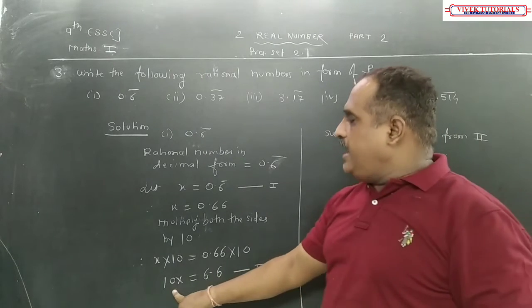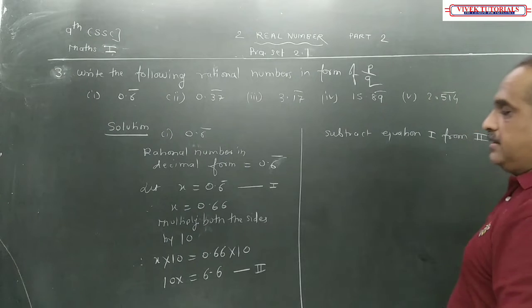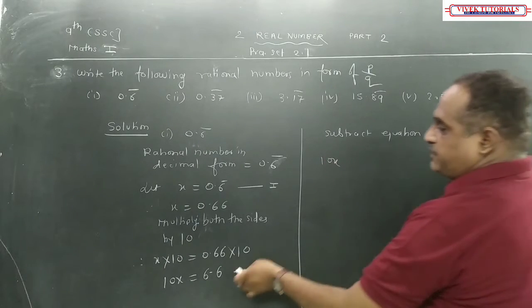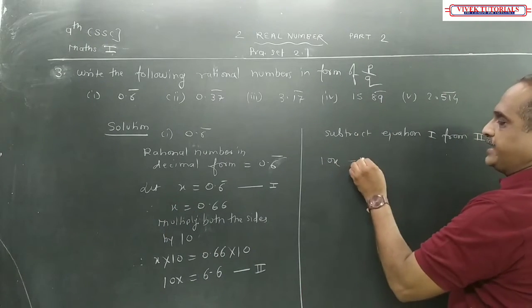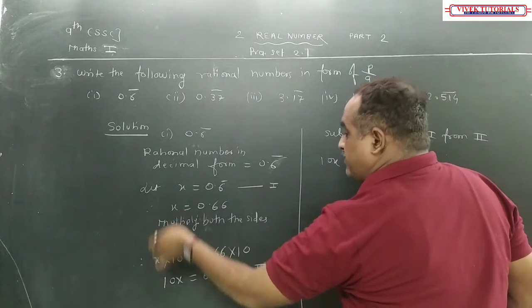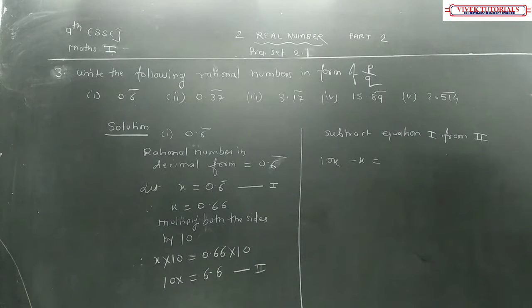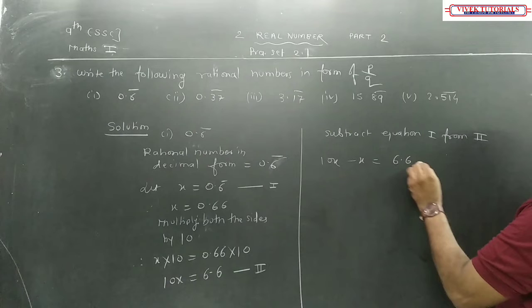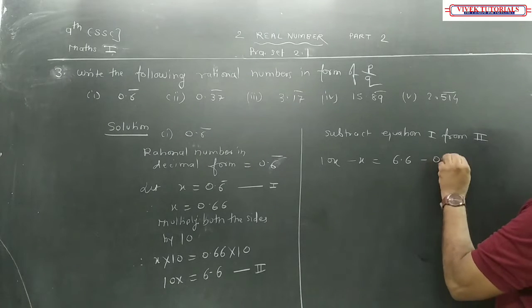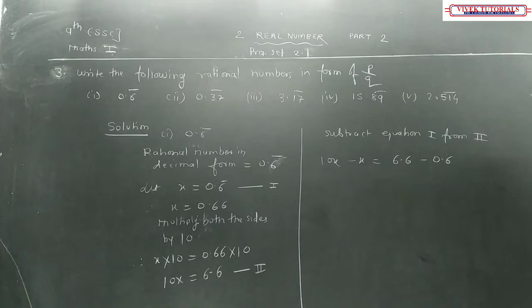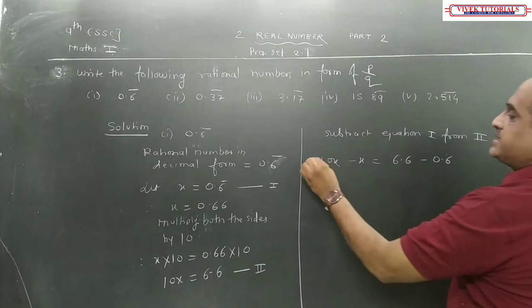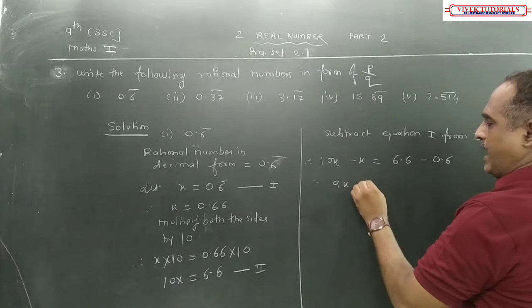First write equation 2, after that 1. That means 10x first, minus x. The left hand side is subtracted, equal to 6.6 minus 0.6. So 10x minus x is equal to 9x.